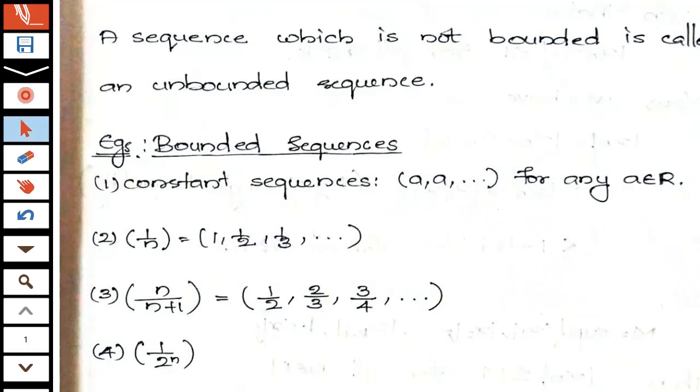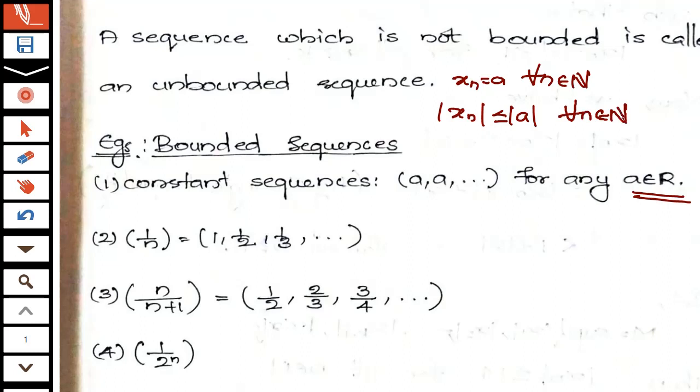Now, consider the general case. Here, xn equal to a for all n belongs to N. Then this a can be positive or negative. That is, a belongs to R. So, we can write |xn| is less than or equal to |a| for all n belongs to N. So, take M equal to |a| or any number greater than |a|.